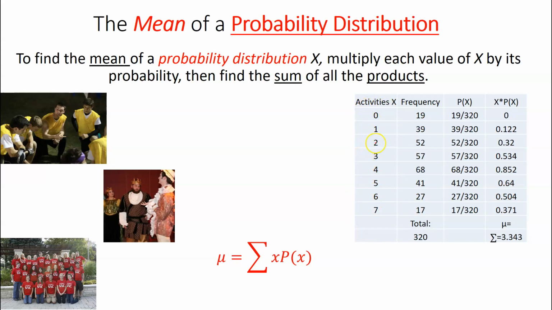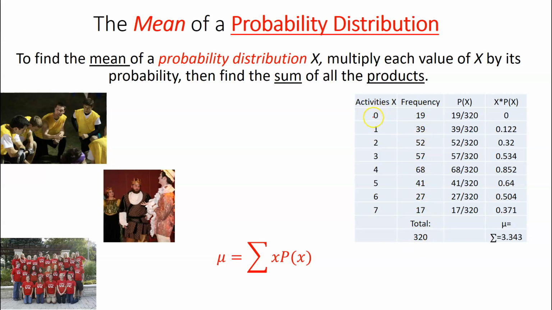Some kids are in 2 activities, some kids are in 3 activities. My random variable here is how many activities kids are in. And of course, some kids aren't in any activities. What you're seeing here are their frequencies. That's not the probability, it's just the frequency, but we need this to get the probabilities. There's a total of 320 if you add all this up.